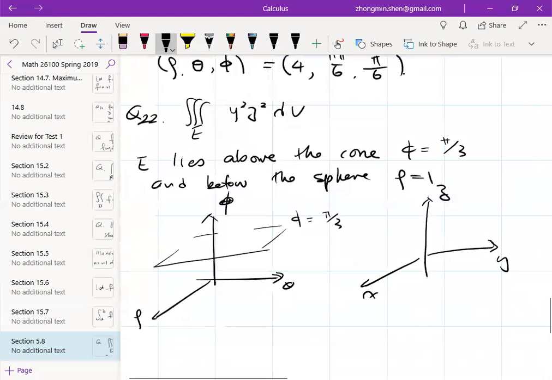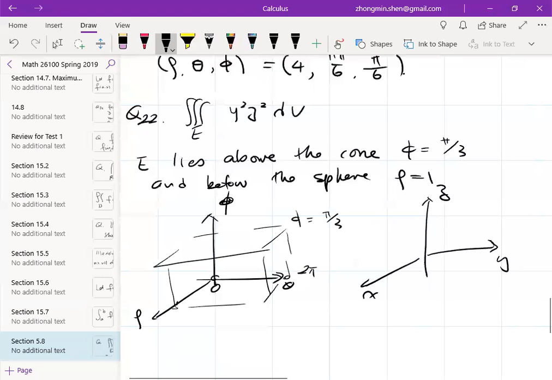And the sphere is just rho equals 1, another sphere. So I believe this is just a box. Theta is definitely between 0 and 2 pi, no restriction, the usual range.